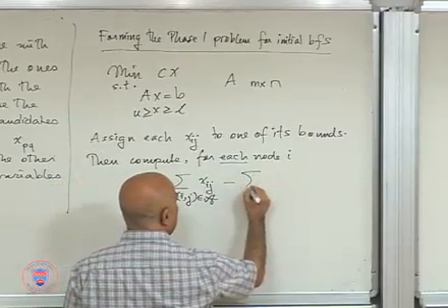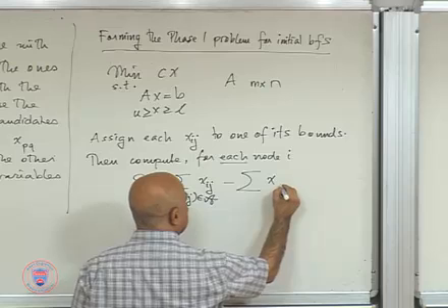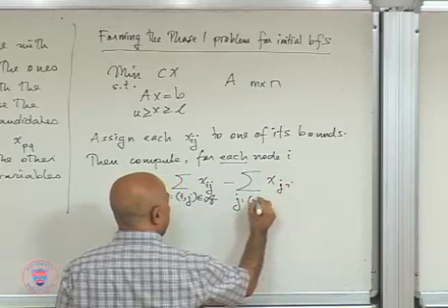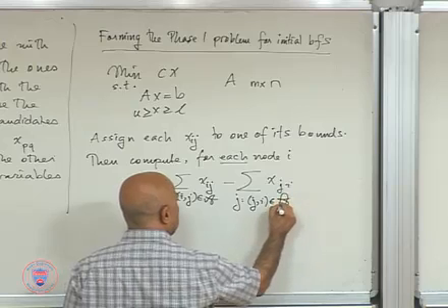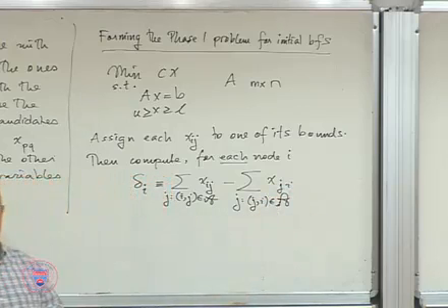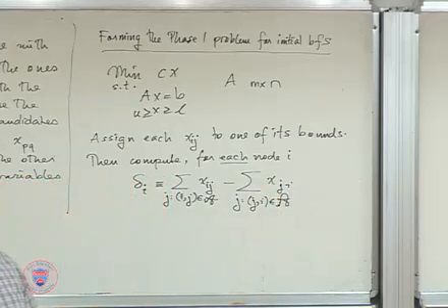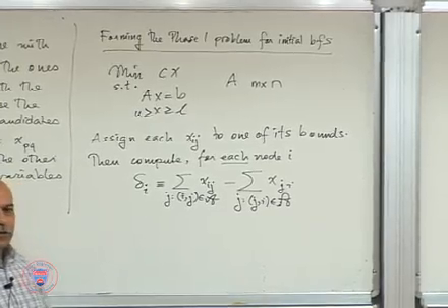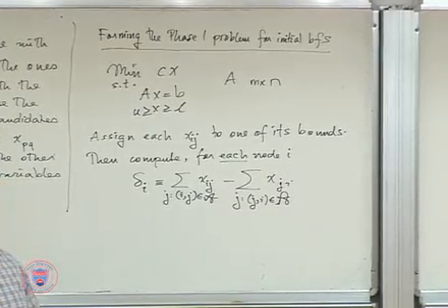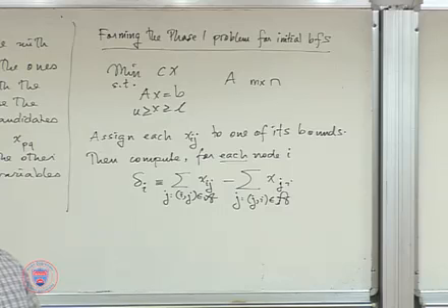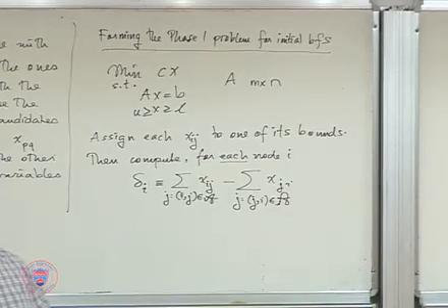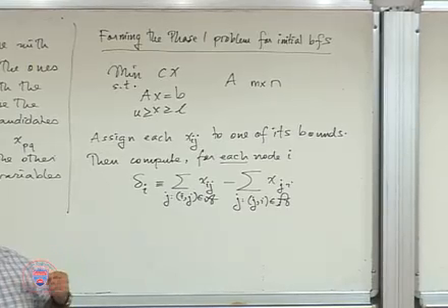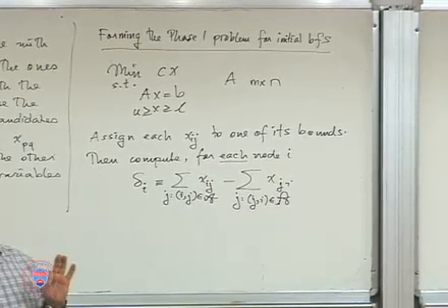Then you have the inflows of those j for which ji is a defined arc. Again, xji are also either lower bounds or upper bounds, depending on how you fix them. We also have an external flow, the bi value. Now, bi on the right side, if it's positive, that means you have an input flow of that amount.